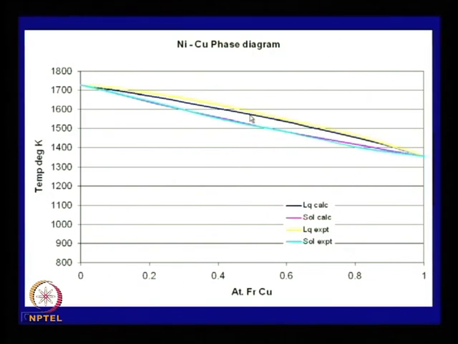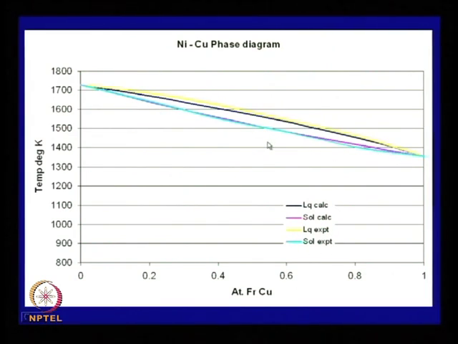This black line here represents the calculated liquidus line. Similarly, this violet line represents the calculated or predicted solidus line, and we have superimposed here the experimentally obtained liquidus and solidus lines from handbook data.